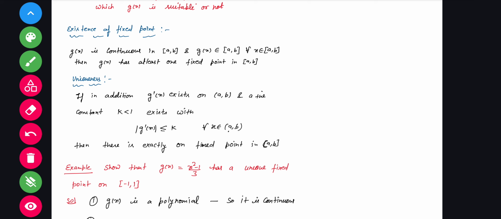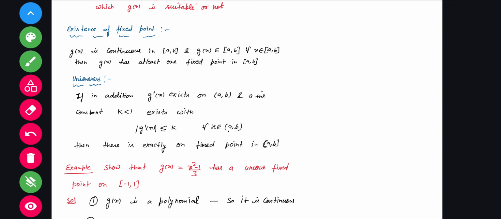Whenever we put values of x from that range, for example the interval 1 comma 2, then for any value between 1 and 2, g of x should also be under the range of 1 to 2. So that should be the range of g of x as well. That is the second condition.